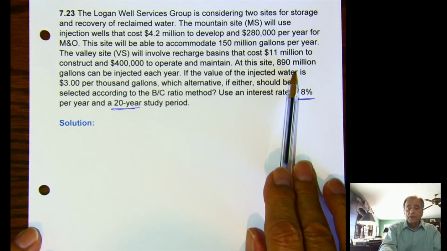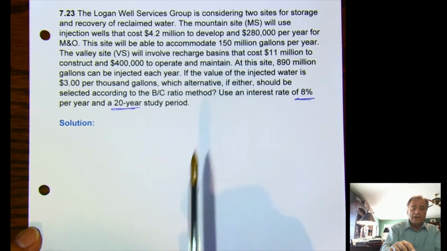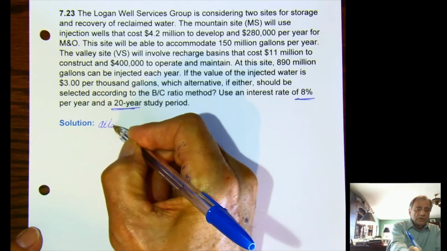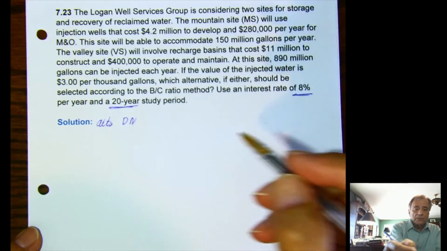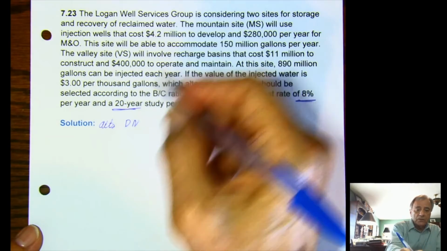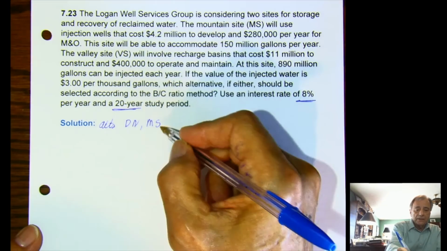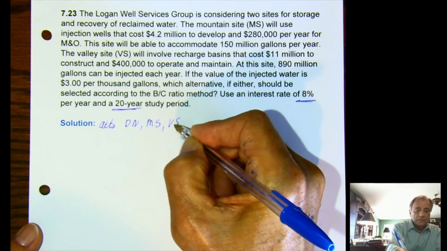So since we have a direct benefit, our first alternative is do nothing. The second alternative will be the next lower costing one, which will be the mountain site, MS. And the third will be the highest costing one, the Valley site.